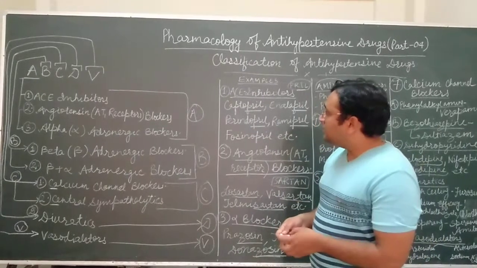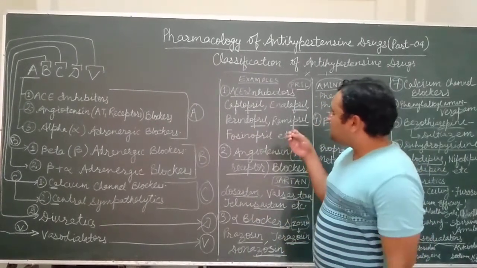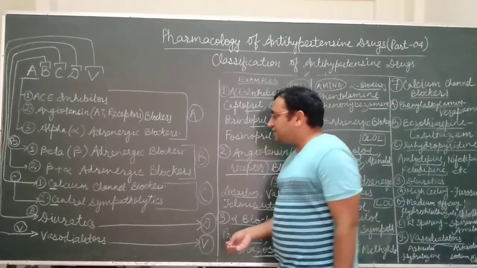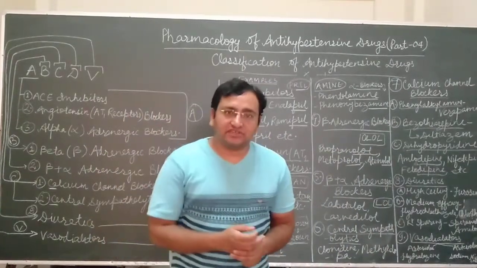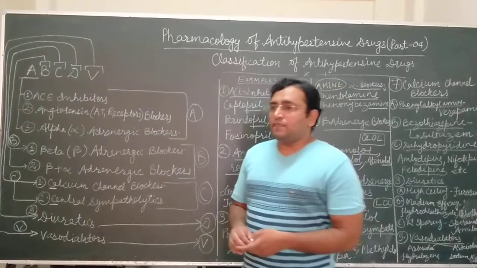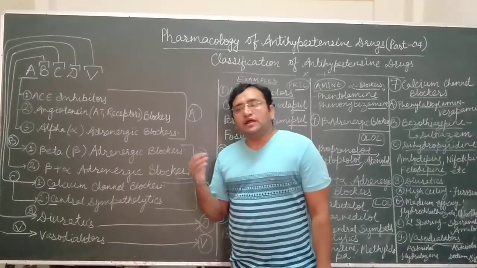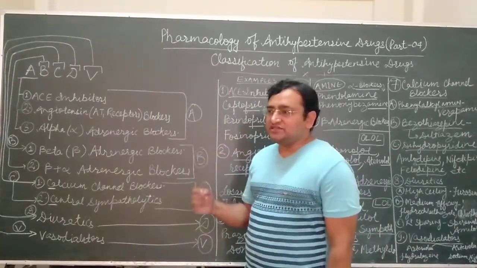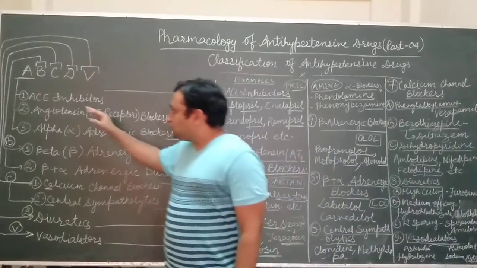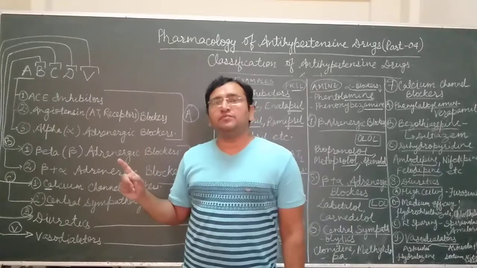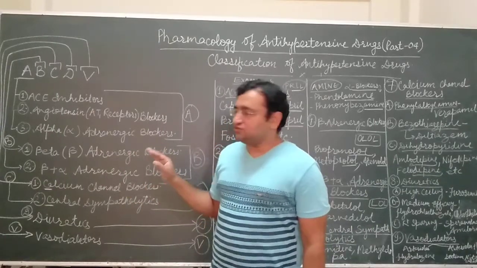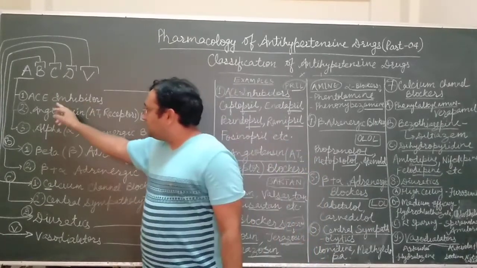We discussed that there are several agents which can treat hypertension. In the mechanism, we discussed one enzyme, ACE, angiotensin converting enzyme. If we inhibit the ACE enzyme, we can treat hypertension. So we have ACE inhibitors.